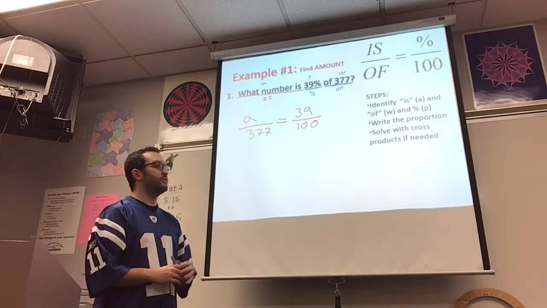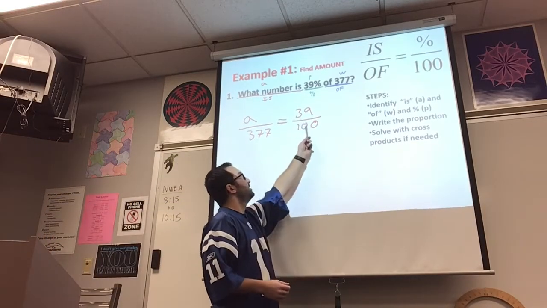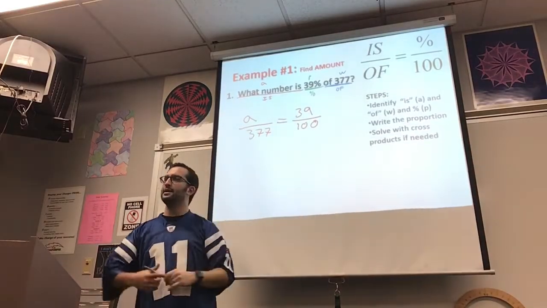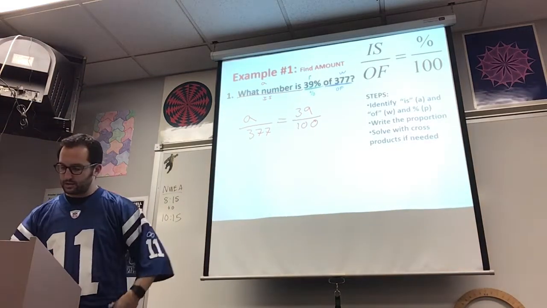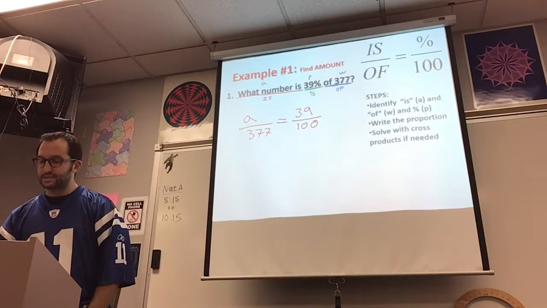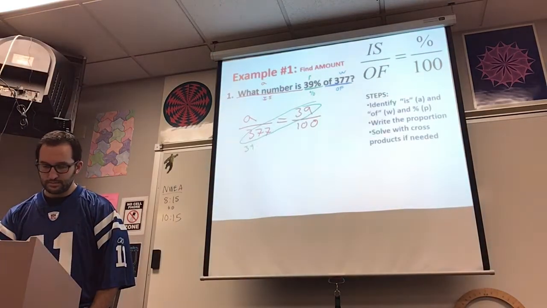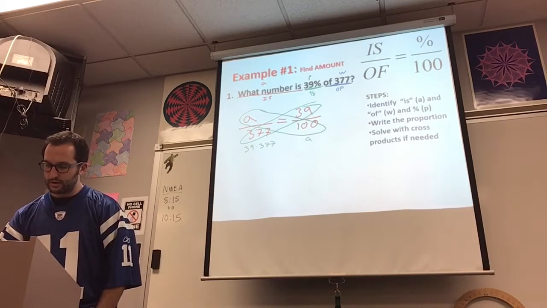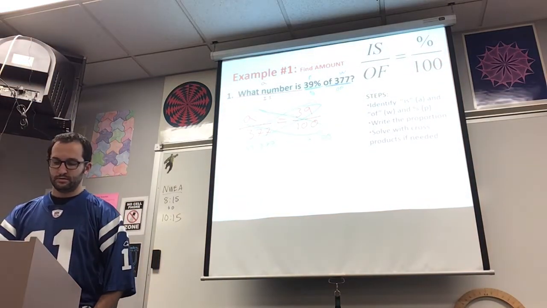Now, you can solve with cross products. One thing to be aware of is if this fraction can reduce or simplify, it might make your life a little bit easier to simplify the fractions first. But none of these can. So I'm going to need your help with the calculators. We'll need 39 times 377. And then we'll need A times 100, right? So what is 39 times 377? 14,703.